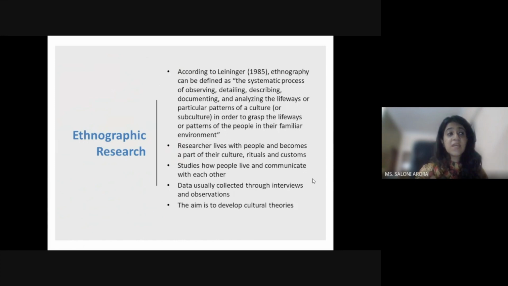But it's a very interesting research method because one, the researcher gets to know how people live, and how they communicate with each other.